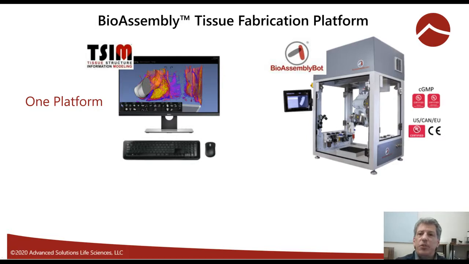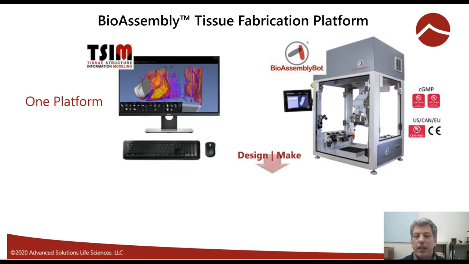We build these tissue models and these therapeutic tissues using our bioassembly tissue fabrication platform. I'm just going to give one slide on this, but to highlight that this is our single robotic-based tissue fabrication platform where we have design software working and communicating with the robotic arm to do everything from bioprinting to tissue assemblies to pipetting, whatever is needed to build those tissues.